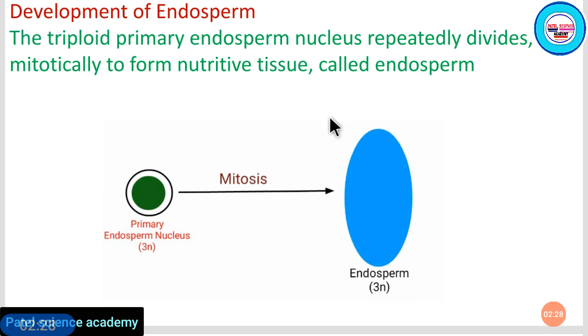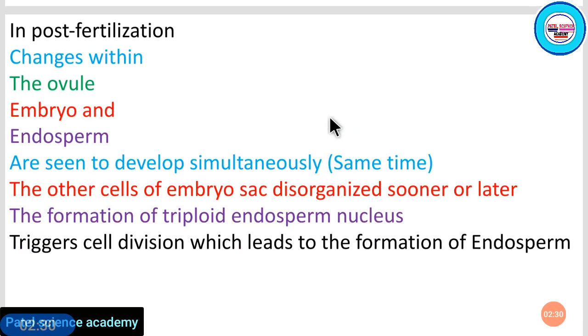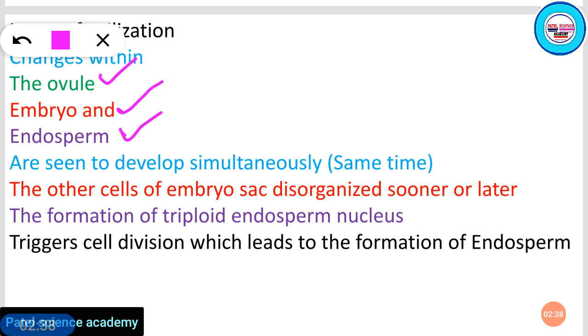In post-fertilization, the changes within the ovule, embryo, and endosperm are seen simultaneously, at the same time. In the structure of the carpel, the ovule is there, embryo is there, and the endosperm is there. So development takes place in all these three structures simultaneously.